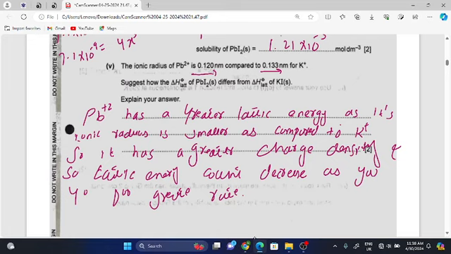So that's why it's greater. It always has a greater charge density, so its lattice energy will always be greater as compared to potassium ions.